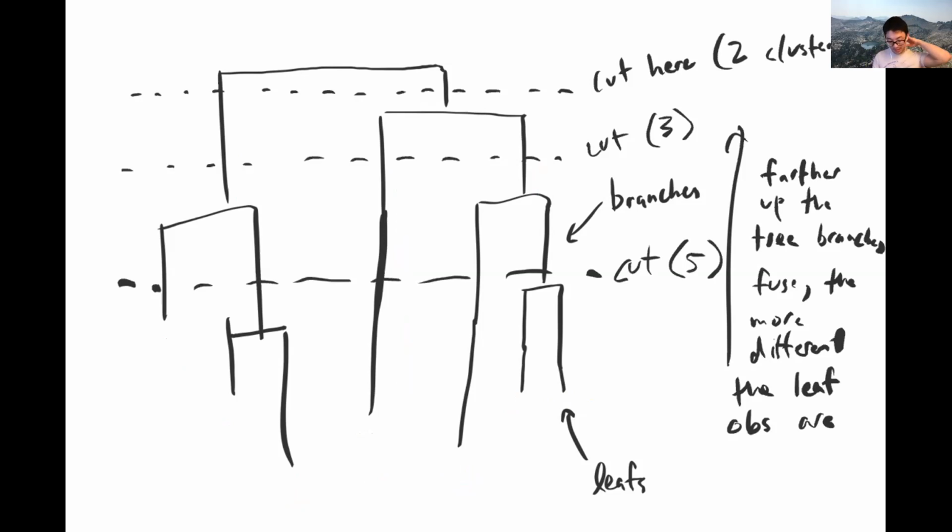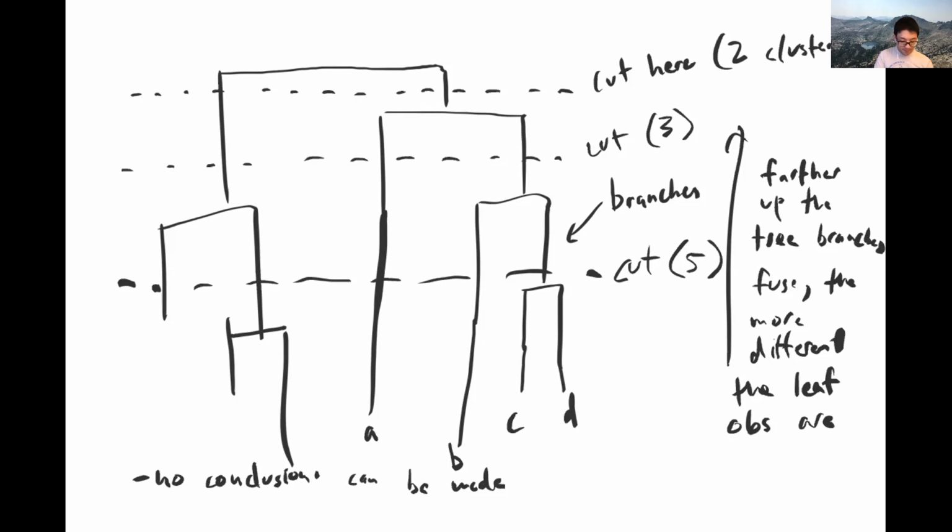One common mistake to watch out for is, suppose I have some data points A, B, C, D here. No conclusions can be made on the basis of horizontal distance.